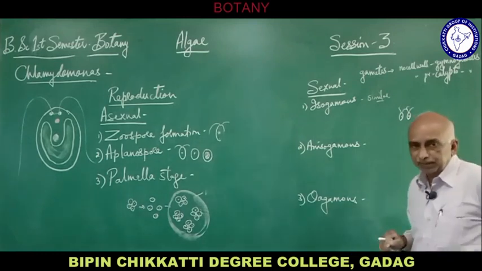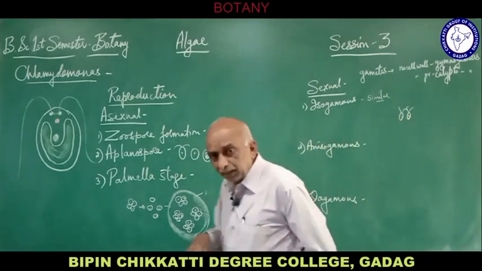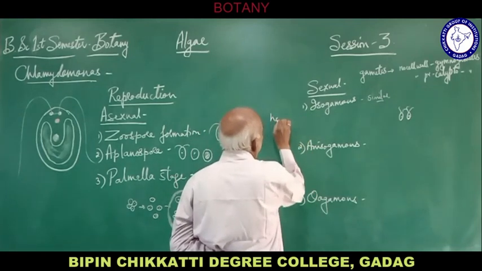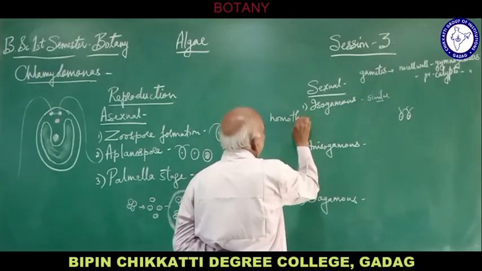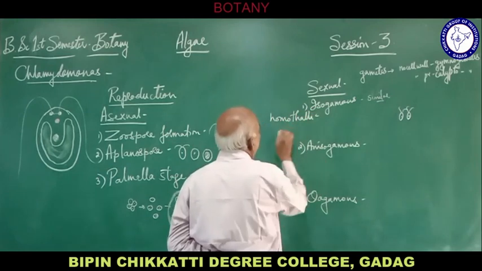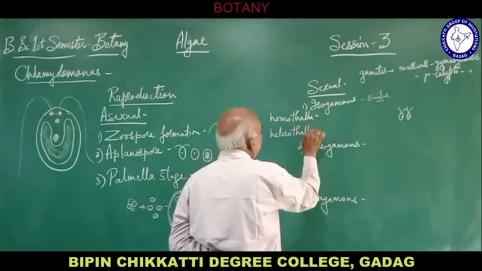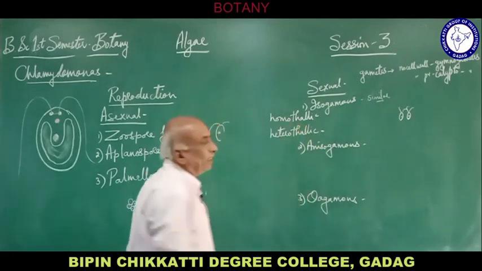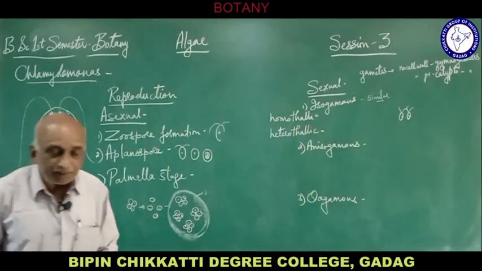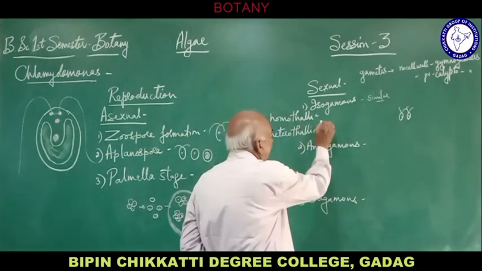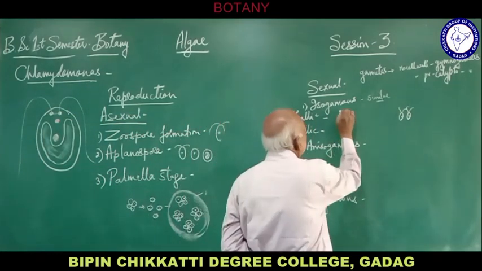In the gametes produced in isogamous, we again come across two types of species, homothallic and heterothallic. Homothallic and heterothallic species are found in this isogamous type. In homothallic, what happens? Suppose this is a single cell.